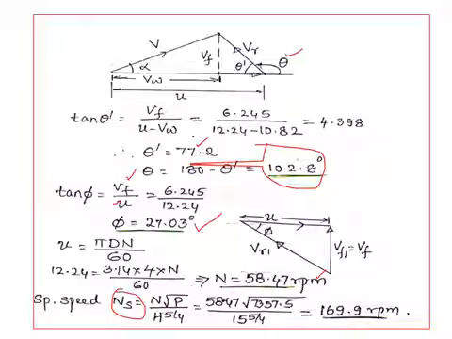If you construct a geometrically similar model of the prototype and operate it under a head of 1 meter, it will develop 1 kilowatt power, and the speed of that model is nothing but the specific speed. Specific speed is given by N root P by H to the power of 5 by 4, which comes to 169.9 rpm. Be careful that P has to be the power developed in kilowatts, so while substituting in N root P, it has to be in kilowatts.